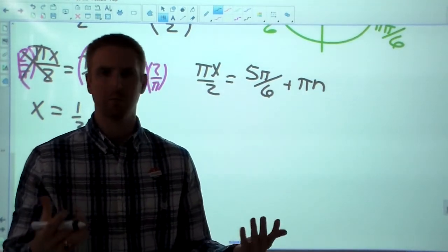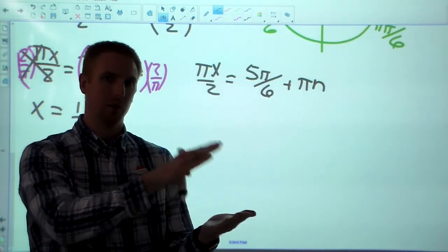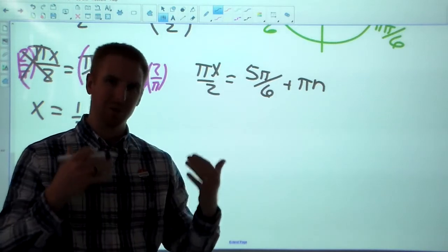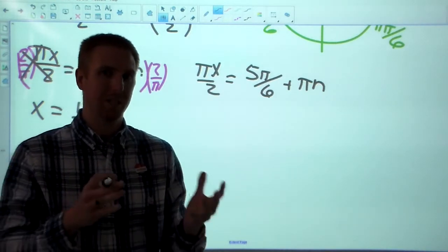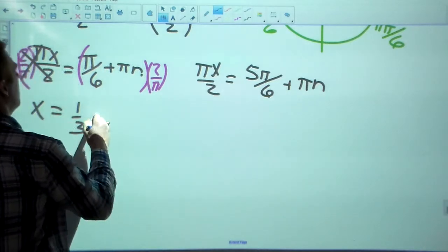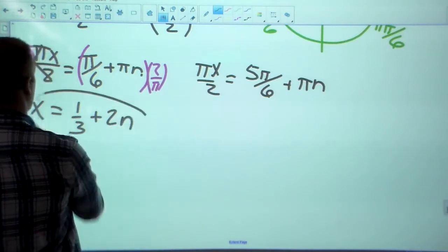It's about 57 point something degrees. But 1 radian doesn't have the term pi in it. So radians don't have to have pi. We get used to seeing them that way, but radians can just be decimal numbers. They don't need to have pi associated with them. So this is 1/3 of a radian plus, and that pi would go away, and that would be 2n.